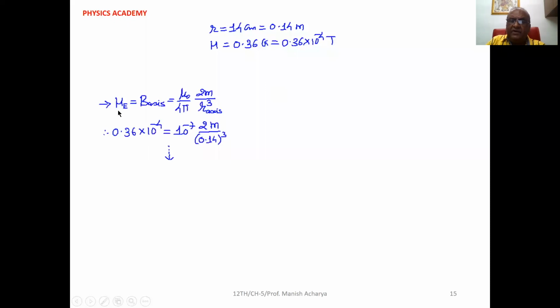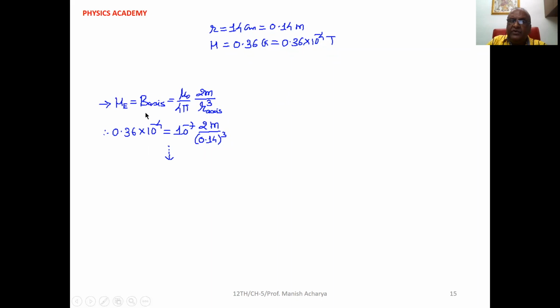Now, you are getting the null point at 14 centimeter on the axis. It implies that the magnetic field on the axis at that point is exactly equal to Earth's magnetic field magnitude-wise, and both are opposite, as we discussed in the figure.